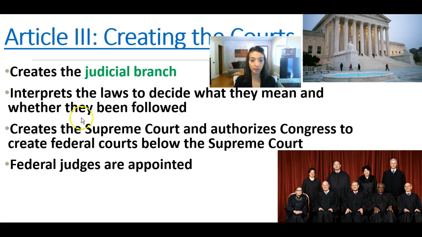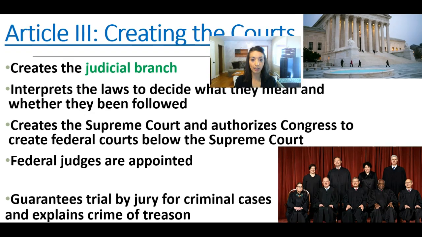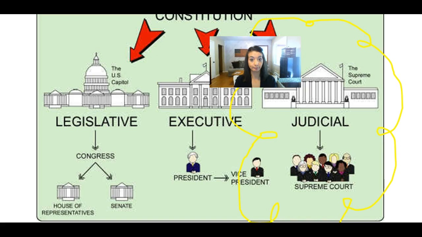So the Supreme Court can appoint the judges that are beneath them. And then it also guarantees trial by jury for criminal cases, and it explains the crime of treason. Treason is committing a crime against your country.